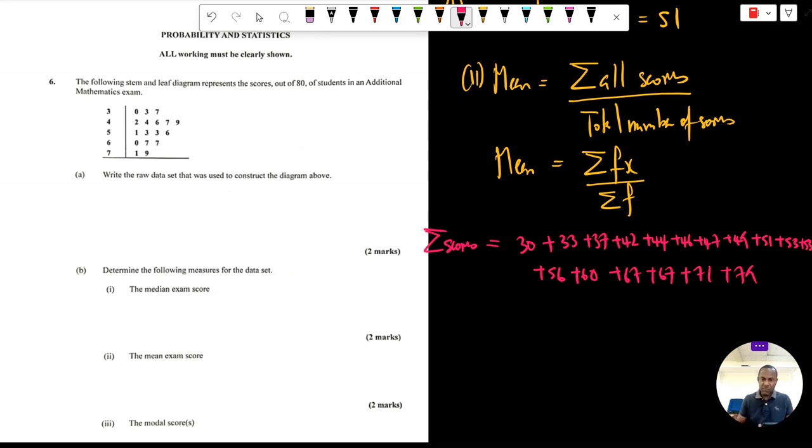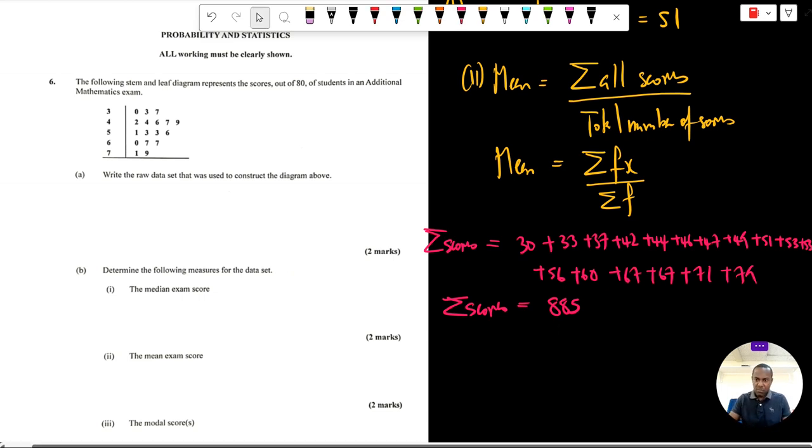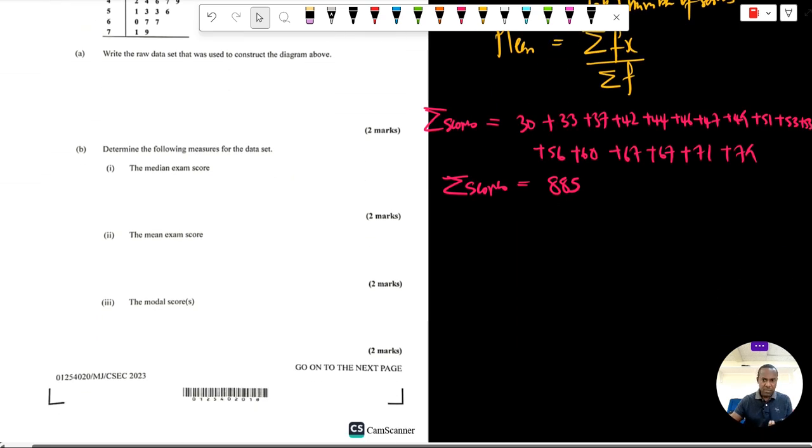And the sum of all scores, this gives us 885. So the sum of all the scores is equal to 885. And of course, by simply counting the number of scores, we see that the sum of f, or sigma f, is equal to 17, right?